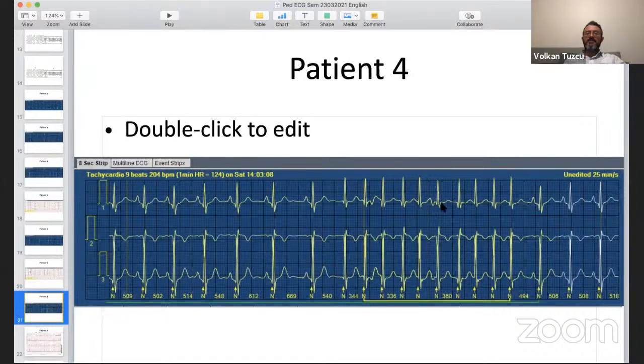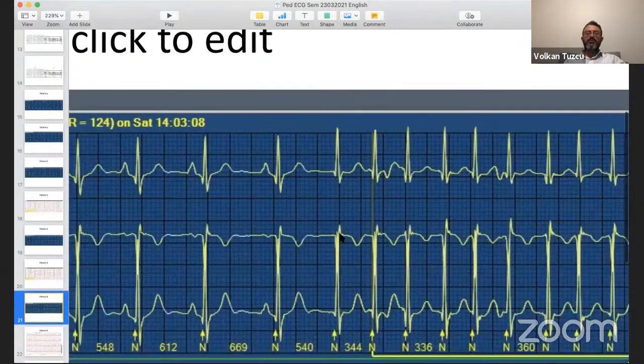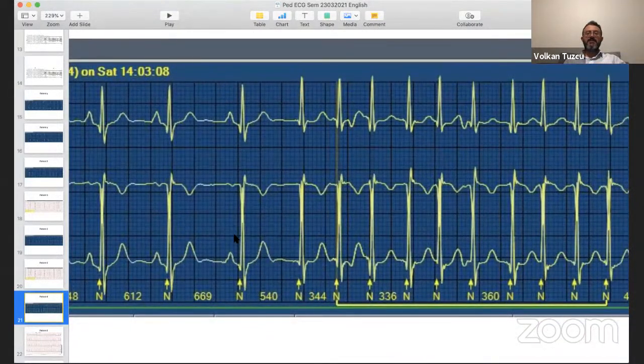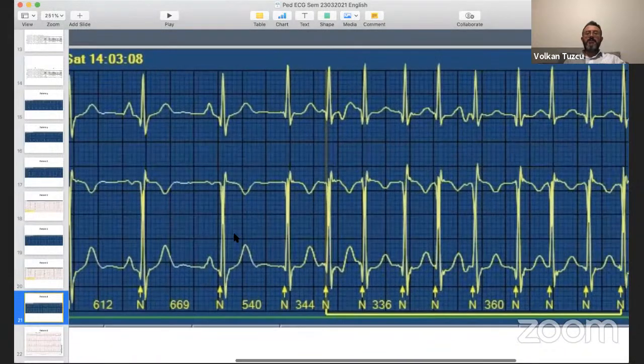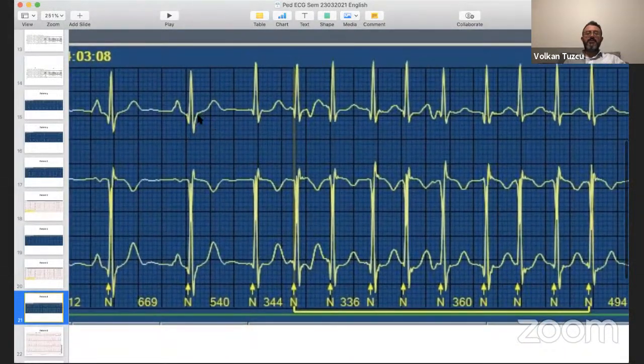And the rate, is it regular? The rate is irregular actually, right? Okay. So how does it start? Let's zoom in on it. Sinus, sinus. And then what happens? Sinus normal, sinus QRS. Nothing, right? No P wave on all 3 leads.